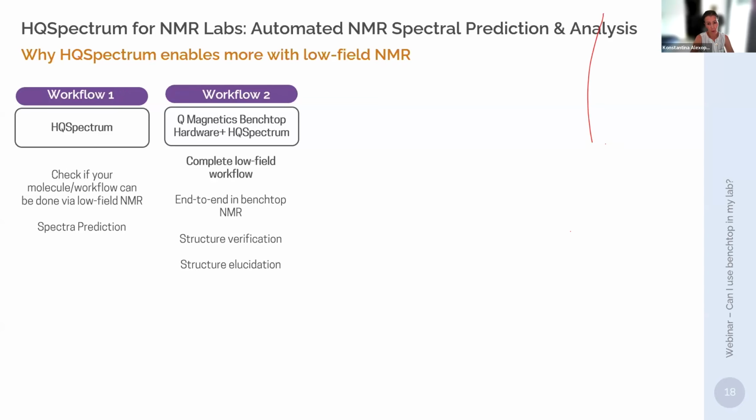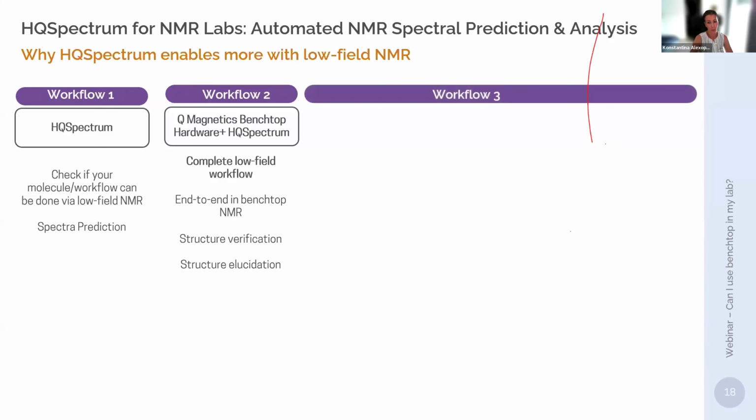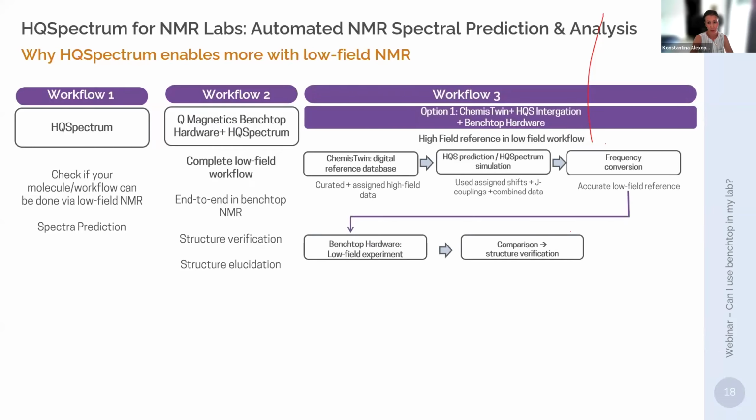So now for more complex samples, workflow 3 takes things a step further by incorporating high field reference data into the process. This can be done in 2 different ways. In the first way, you can use as a starting point the ChemisTwin's curated and assigned high field reference data.